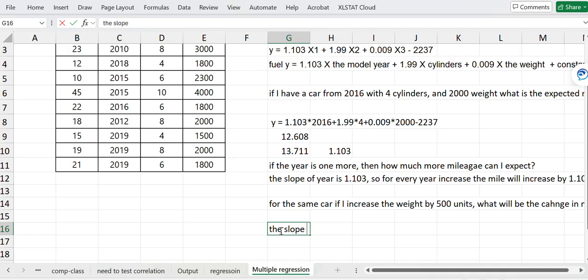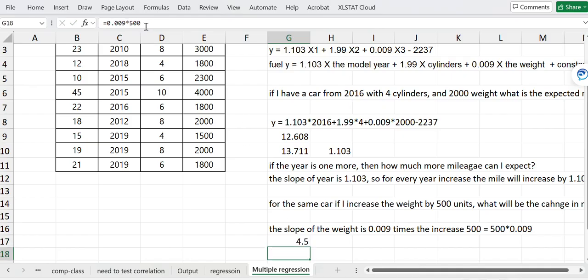The slope of the weight is 0.009 times the increase, which is 500. So this is nothing but 500 times 0.009. You understand? So 0.009 times 500 equals 4.5. You will increase by 4.5 units in fuel mileage.